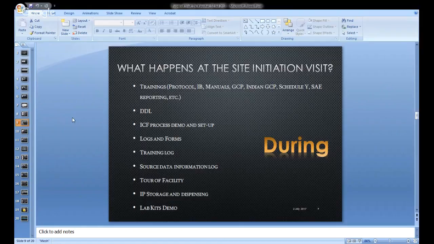Going on to the next topic, duty delegation log or delegation of authorities log. Now this is again a very, very important document which will be completed during your site initiation visit. We would not find this particular document under ICH GCP as an explanation, but yes, definitely we would find it under section 8 of ICH GCP.